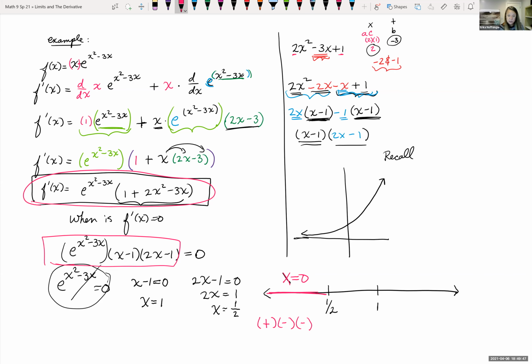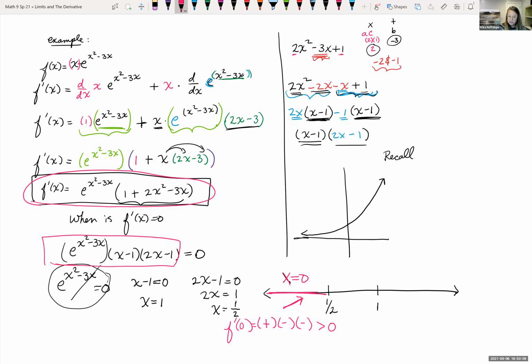If I multiply a positive times a negative times a negative, that's a positive number, greater than 0. So f prime of 0 is greater than 0. So it's increasing to the left of 1/2.